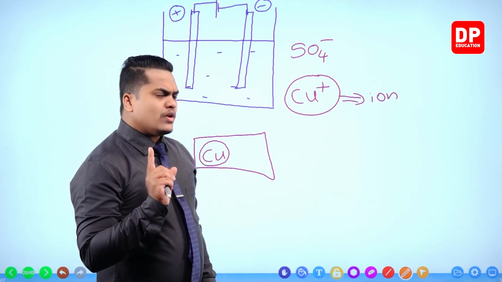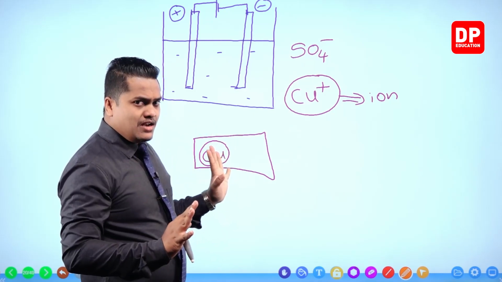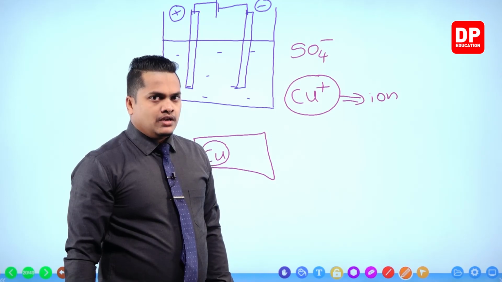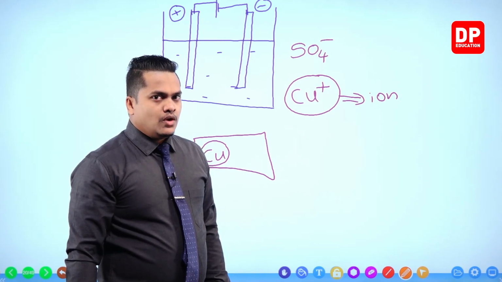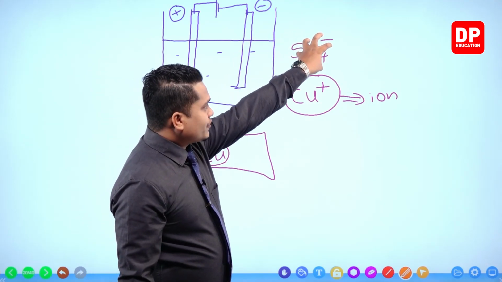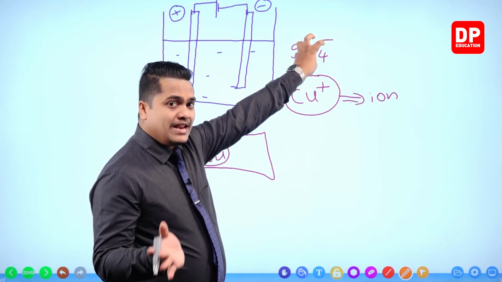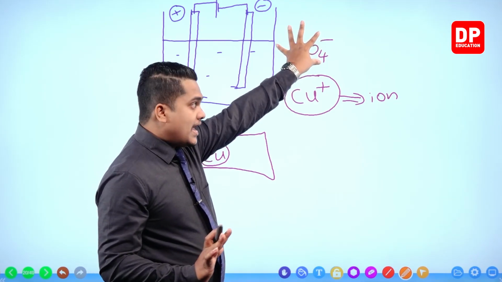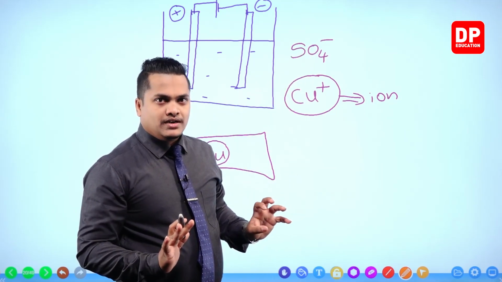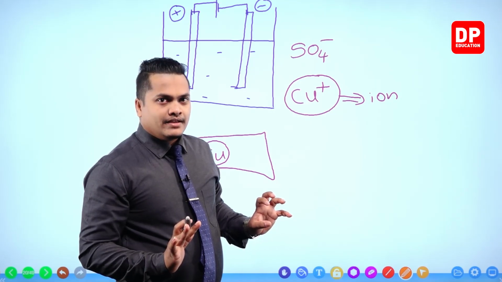So how can you make solid copper, or the copper metal, using the copper ion? Very simple. What do you have to do? Once again, you have to take the electron from the sulfate group or any other component, and embed that electron once again into the copper ion.